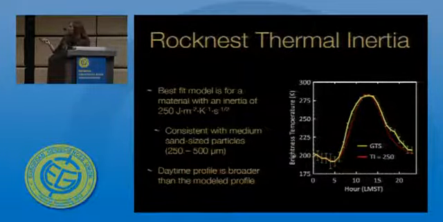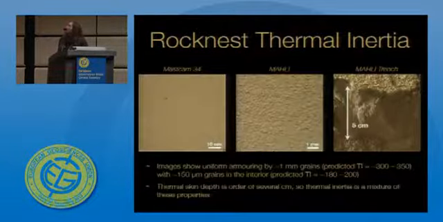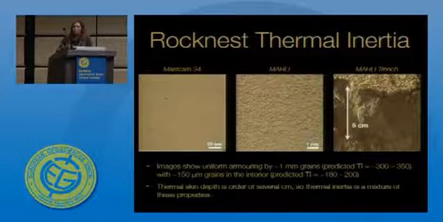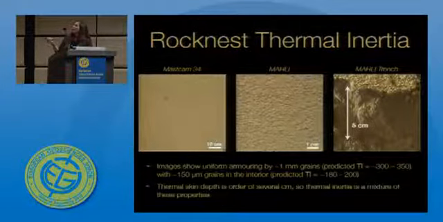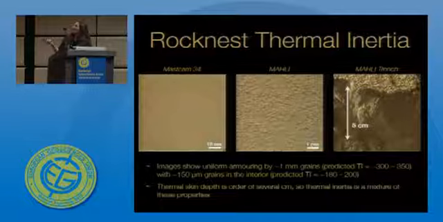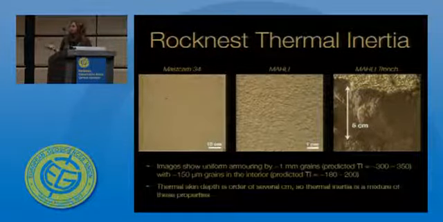To give you a sense of how that thermal inertia prediction of the particle size compares to what is actually there, this is a class survey image from the Mastcam 34. This is a MAHLI image of the Rocknest sand shadow, and what you can see is that this is an incredibly homogeneous looking surface.